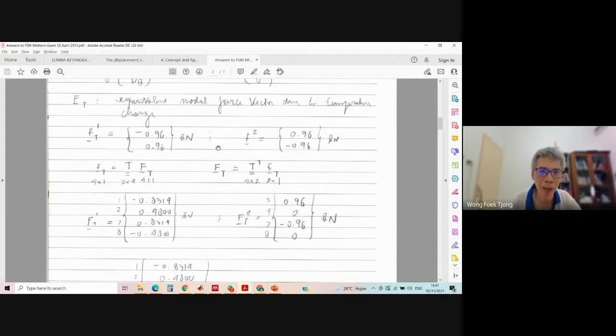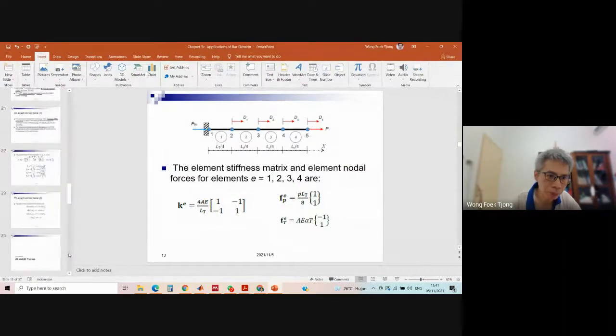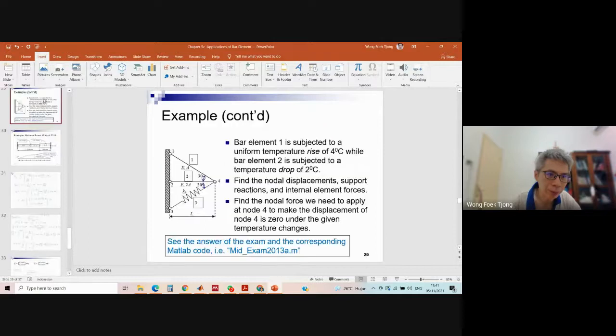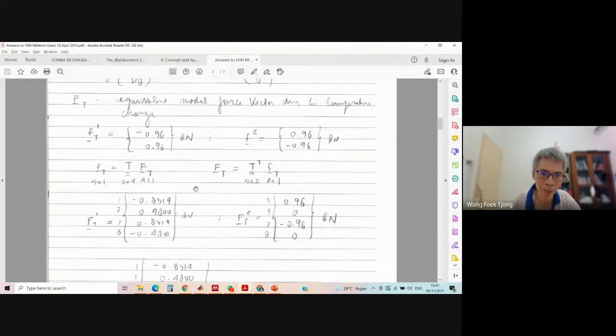For element number 1, the temperature increase is how many degrees in the problem? 4, right? Let's see the problem. 4, it means positive. So here it remains negative because according to the formula it's negative, right? For element number 2 it is 2, but the corresponding area is 2 times, so that remains the same. This is minus because negative.